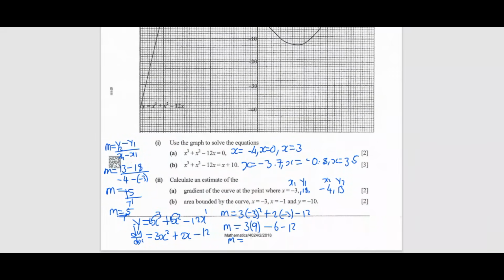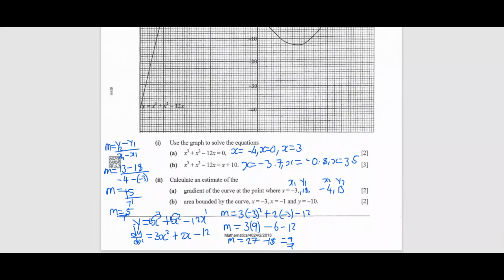So gradient is equal to 27 minus, what is -6 minus 12, that is 18. So what is 27 minus 18? 27 minus 18 is 9. So this is the actual gradient.